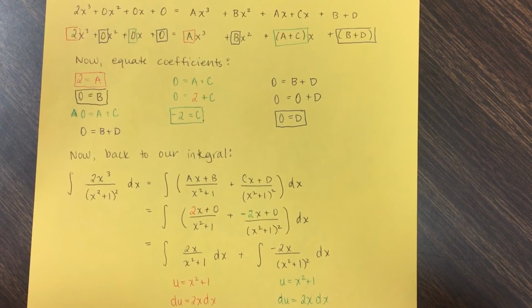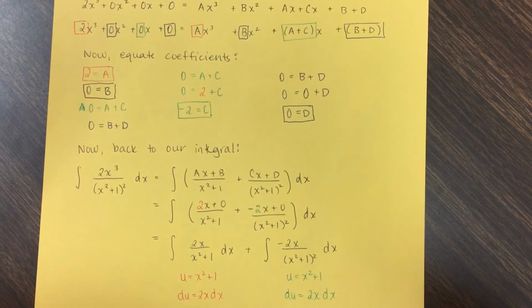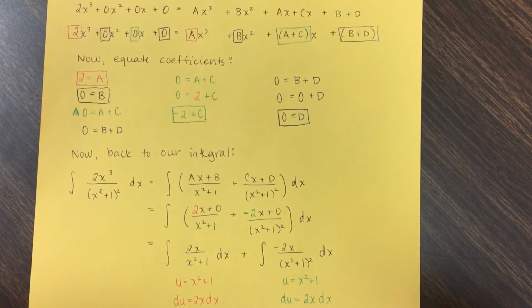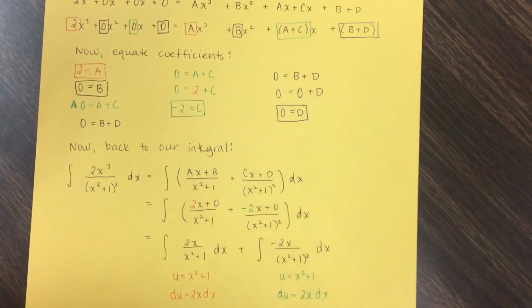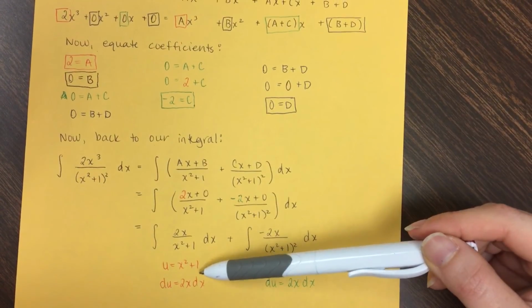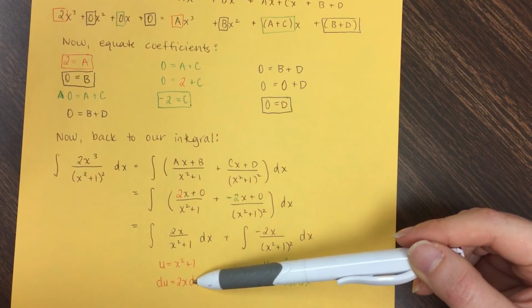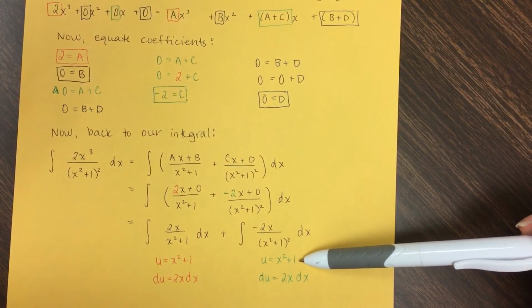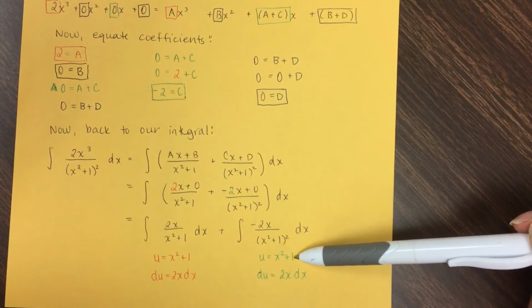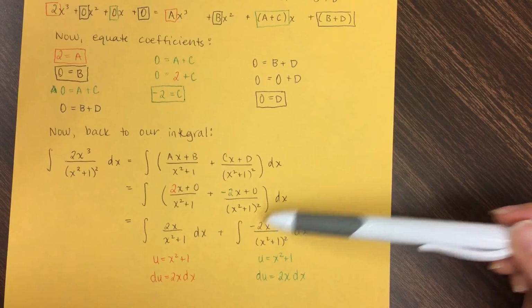And this time I don't have quite a straightforward integration, but I am going to have to do a u substitution in these two different parts. So for my first one, I let u be the denominator, x squared plus 1, and then I did have 2x dx right here, which is kind of nice, for my du. I'm also using the inner function in the denominator here, x squared plus 1. And I do have the 2x dx, I just have to keep an eye on this negative guy here.